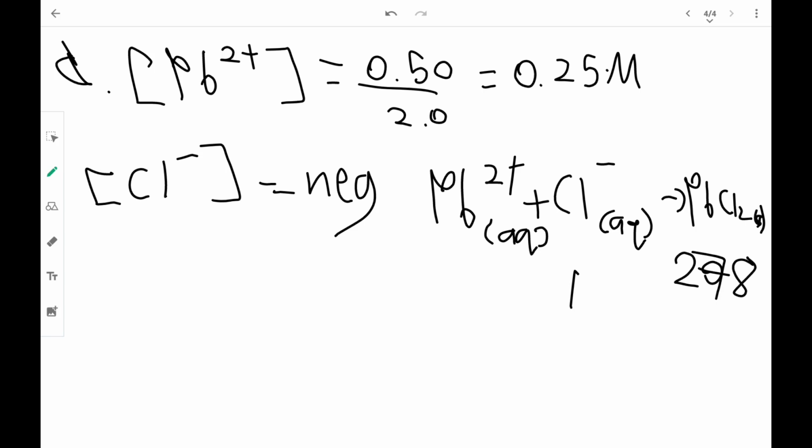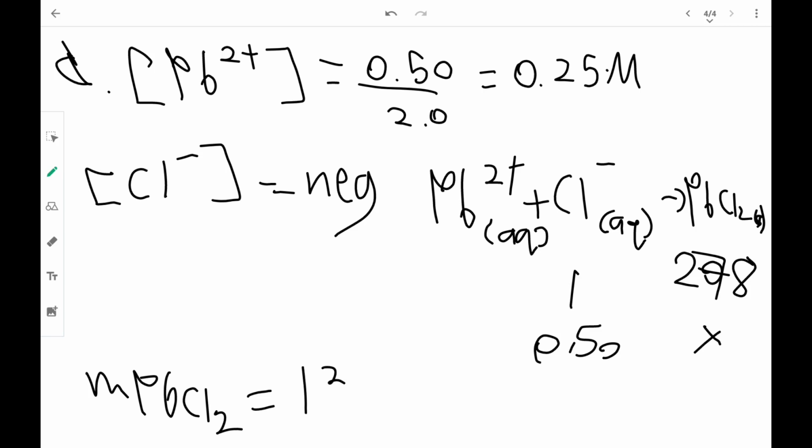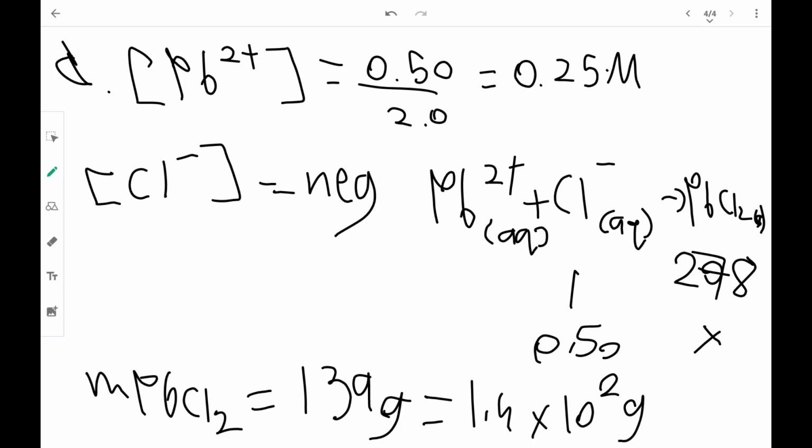And we have also 0.5 moles of Cl minus, and this is required to find, which gives us the mass of PbCl2 to be 139 grams, or 1.4 times 10 to the 2 grams.